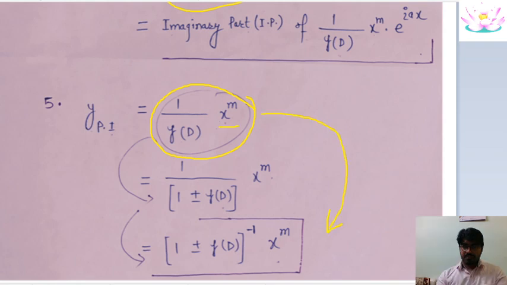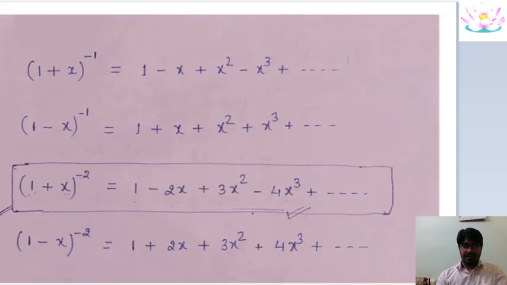Anyways, I am giving you some idea of what a Taylor form is. I am not concerned with all the formulas, but yes, this one: (1 plus x) with power minus 2 is equal to 1 minus 2x plus 3x square minus 4x cube plus so on. This will be used in the problem.